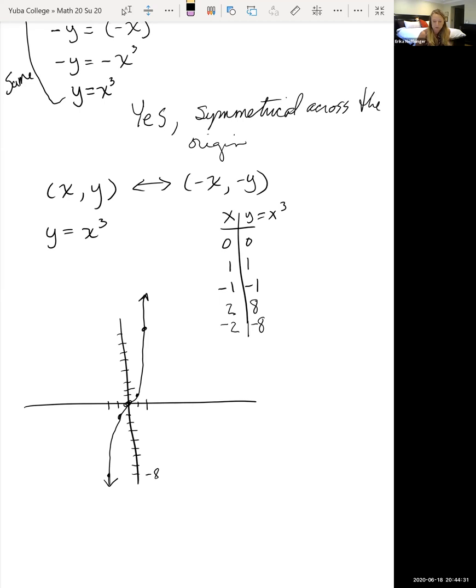But if we just folded it across the y-axis, it's not a mirror image. Or if we just folded it across the x-axis, it's not a mirror image. So here's a case where it's symmetrical across the origin, but not both. I'm just curious what shapes they want you guys to know.